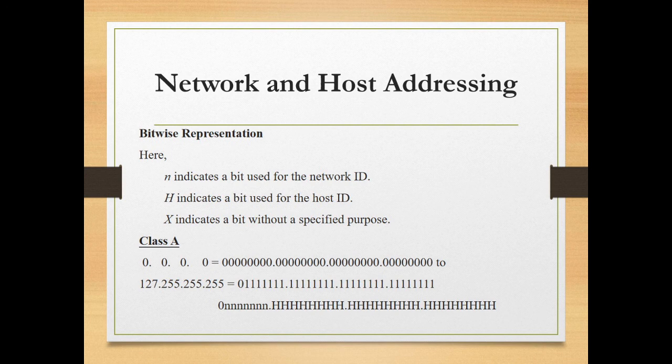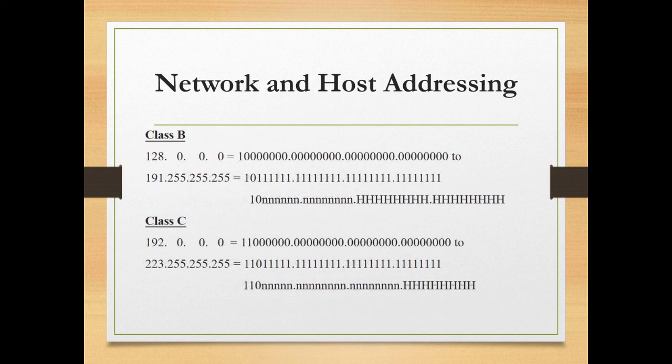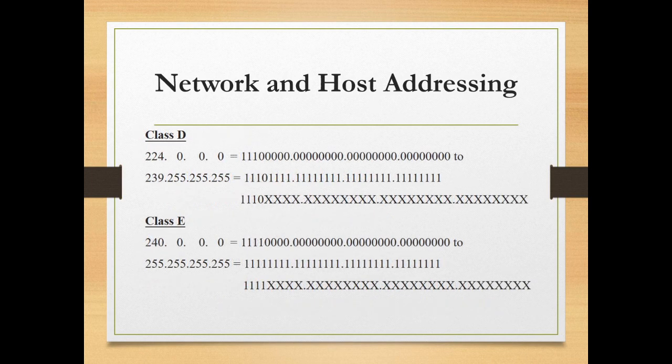Here N indicates a bit used for the network ID, H indicates a bit used for the host ID, and X indicates a bit without a specified purpose. So you can see the various classes A, B, C, D and E and their IP address ranges along with the network and host ID bits.